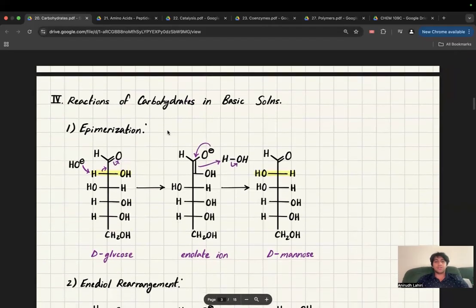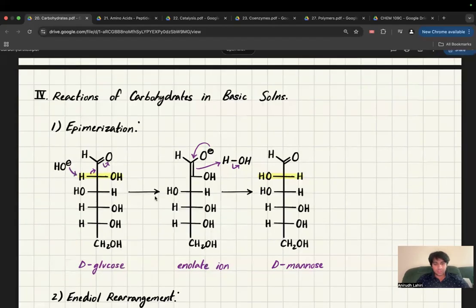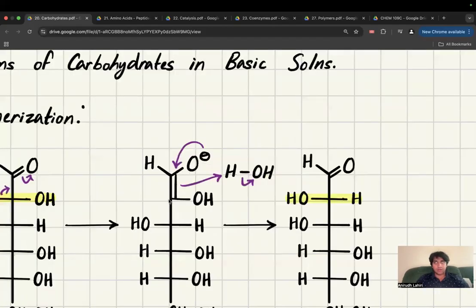Okay, epimerization. Epimerization generally occurs with carbs in basic solutions. First we abstract a proton that is alpha to a carbonyl. It's important that it's the alpha hydrogen, because that's the most acidic proton. After that, we get a double bond, and these electrons kick up here. Once we get this double bond, this position is no longer 3D.